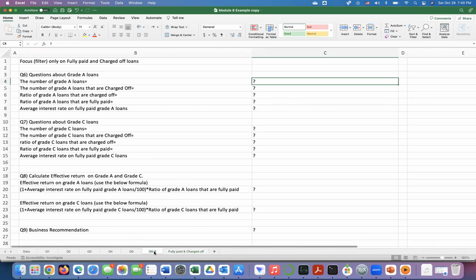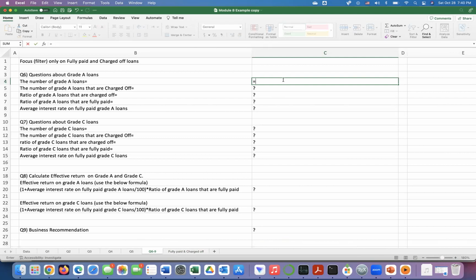Number of grade A loans. So, number of grade A loans only on fully paid and charge off. I'm going to do this: equals COUNTIFS.